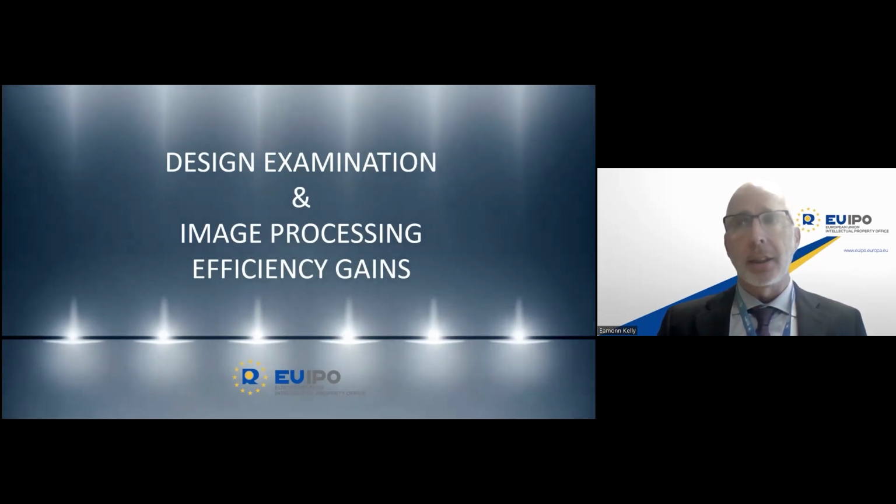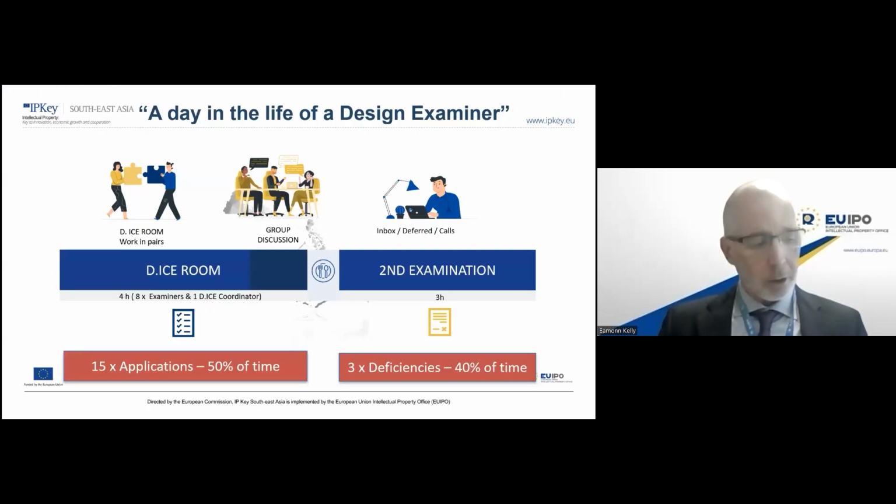Design examination and image processing efficiency gains. Following on the previous talk, we can look at overall today within the office. As we've mentioned, the examiners work in the dice room. In the dice room, they examine, and by default, 85% of what's done is registered directly.